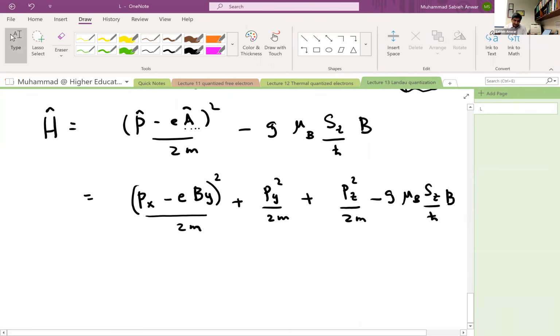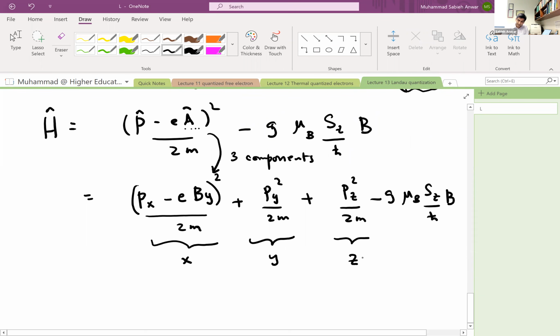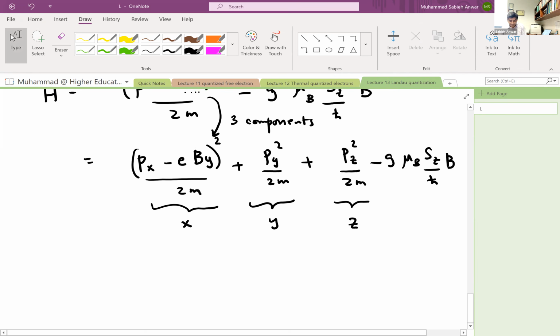I've just expanded this canonical momentum into its three components along x, y, and z. This is the x component here, this is the y component here, and this is the z component here, because P after all is a vector. Any questions?